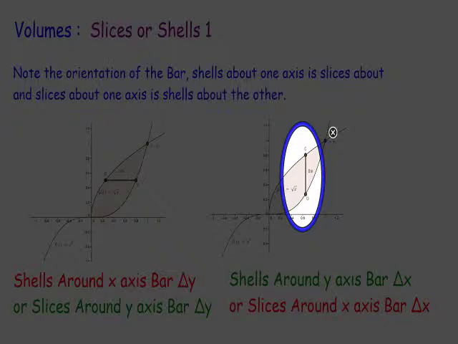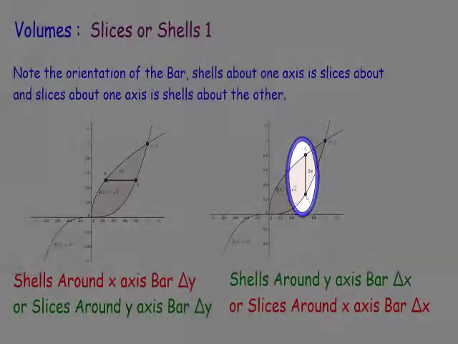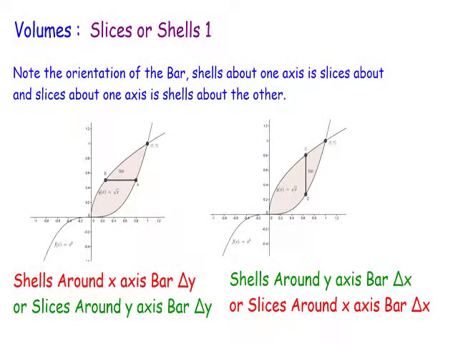But in both cases, its thickness is delta x, and again, two different volumes. It's quite important to realize that the orientation of the bar is important, and depending on whether I'm slicing or shelling, it determines the thickness of the bar.